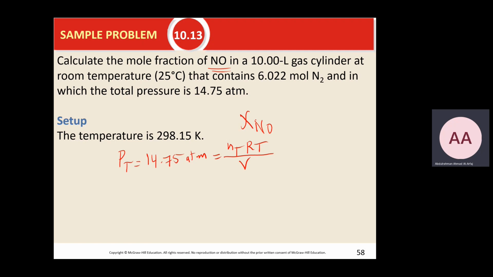Then you can calculate the N total. All right.